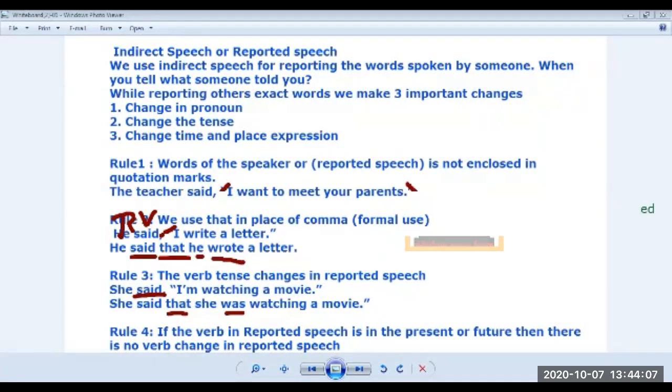As I told you, we don't make any changes if the reported verb is in the future or present. That means if it was, she says, I am watching a movie, then you will make it indirect. You will say, she says that she is watching a movie, not was watching a movie.